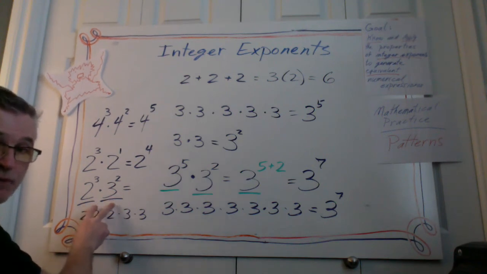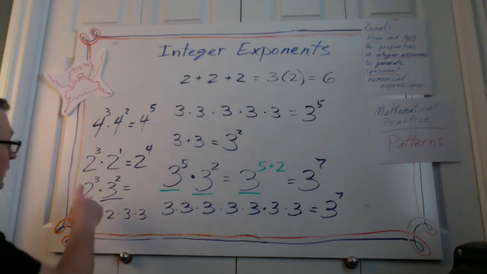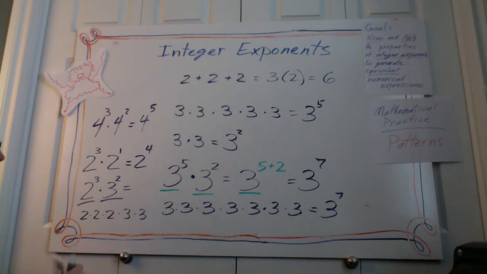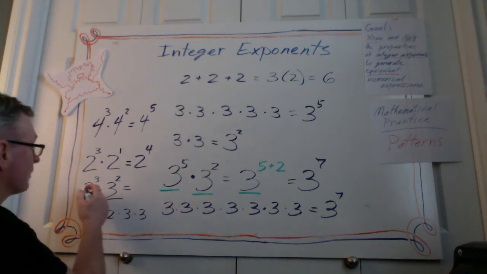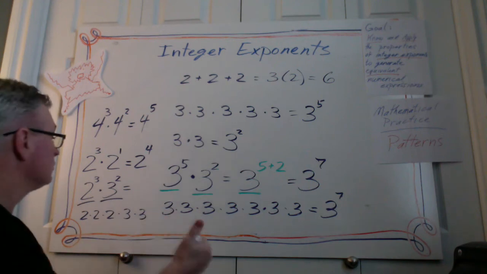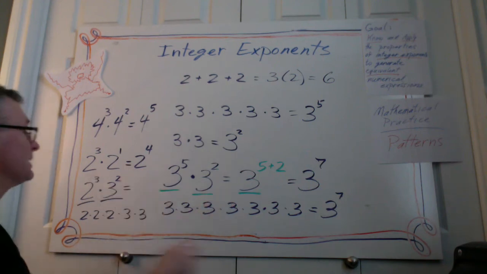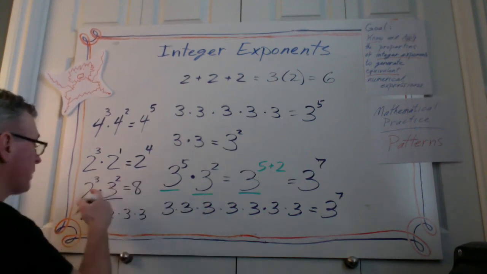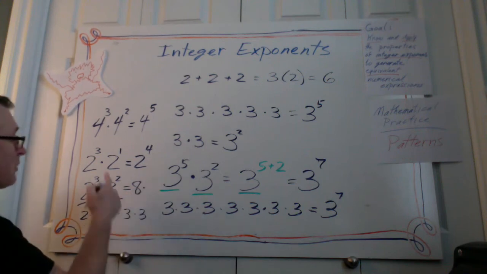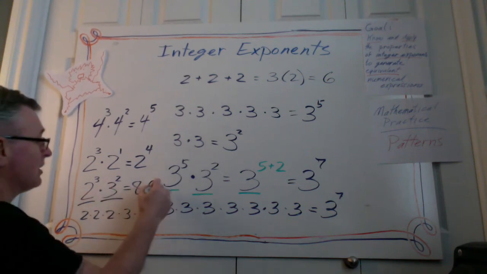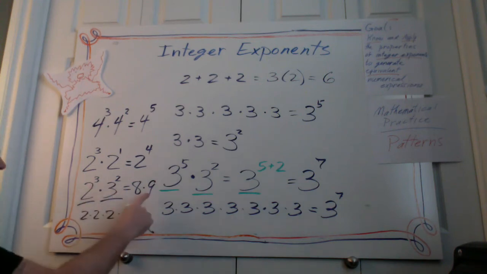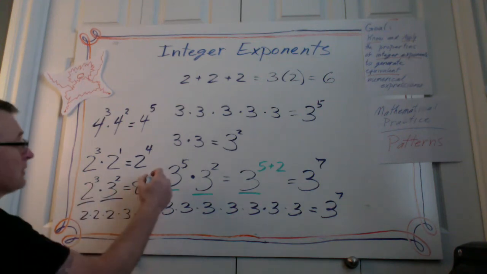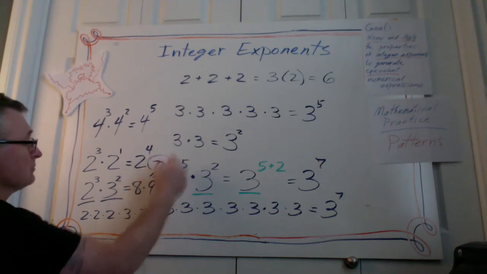This is simplified until we realize that 2 to the 3rd power is 2 times 2 is 4 times 2 is 8. So the first part is 8, and then the second part, 3 times 3, which is 9. This number is 72. So this becomes a 72 here.